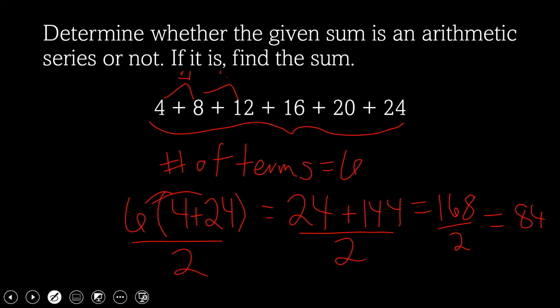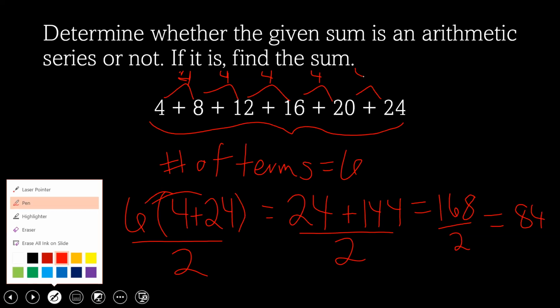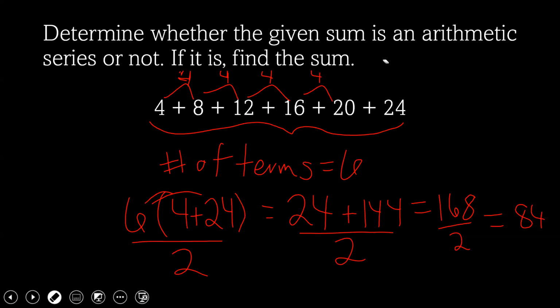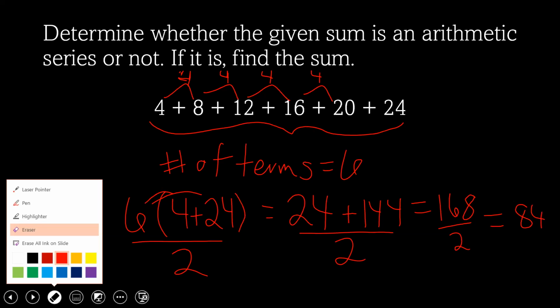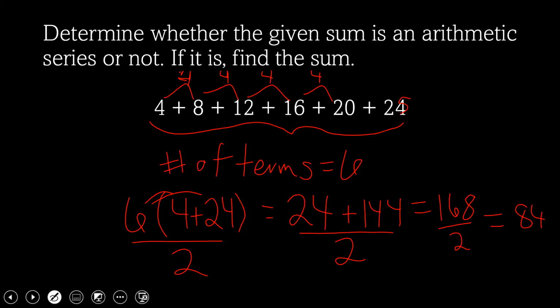Exactly, so it's consistent. And I know that it might seem tedious to check, but if it's not super clear that the common difference is 4, because what if I decided to throw a curveball and at this very end, instead of 24, I wrote 25.